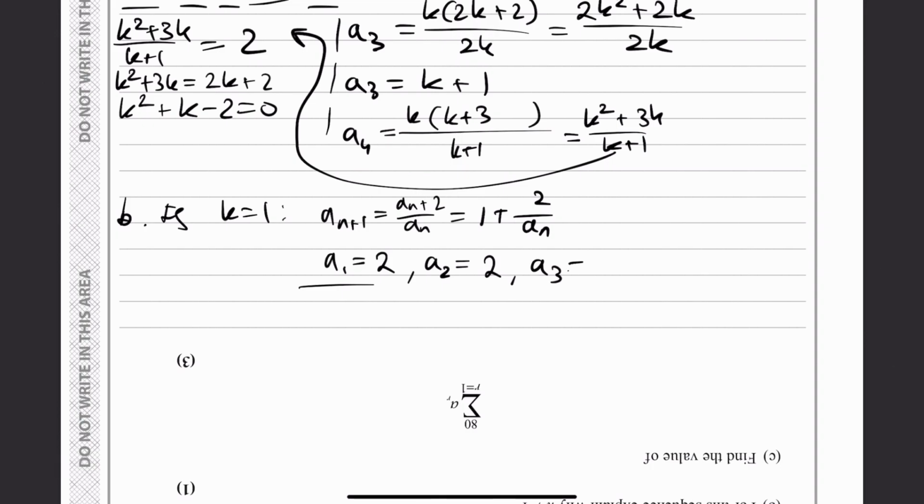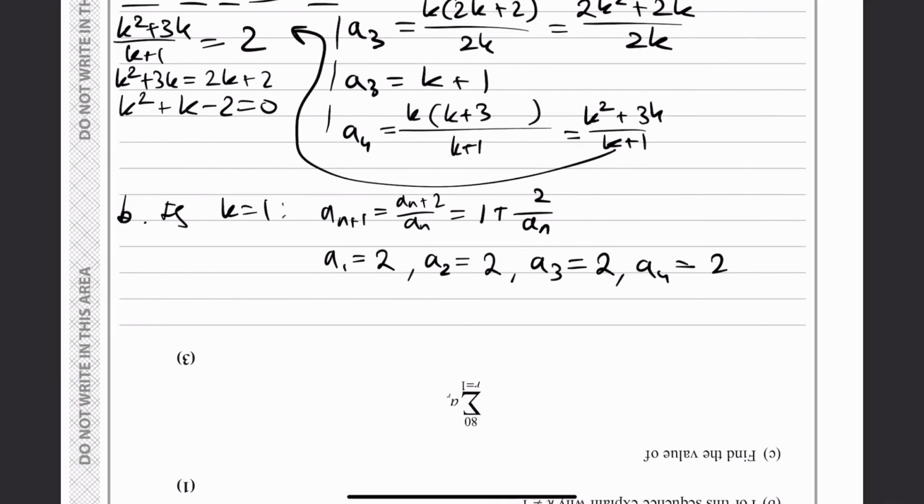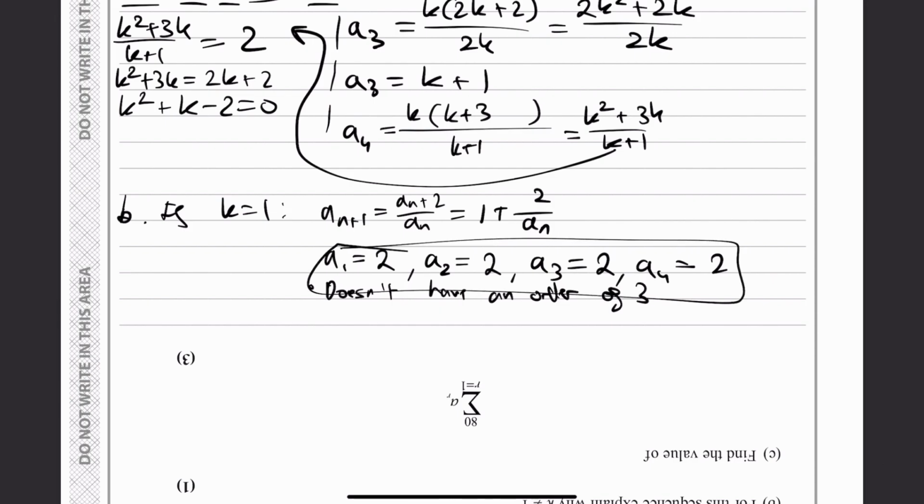I'm so silly. So it's just all going to be 2. So you can see it doesn't have an order of 3, because they're all the same term.